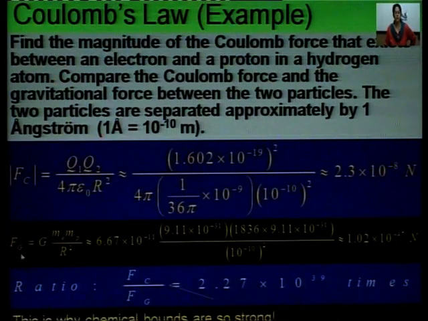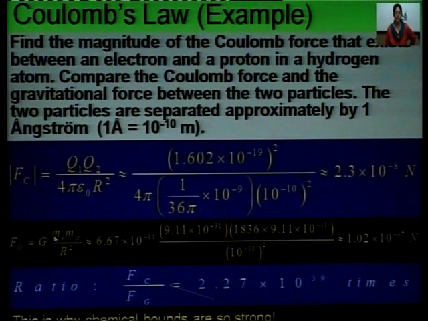Now next we have to find gravitational force. Compare the Coulomb's force and the gravitational force between the two particles. The formula for gravitational force is G m_e m_p divided by r square. R again is the distance between the two particles. This G, gravitational constant, its value is 6.67 into 10 power minus 11.